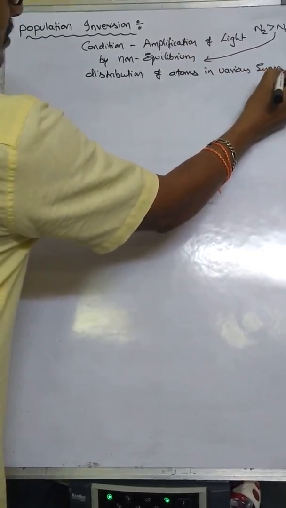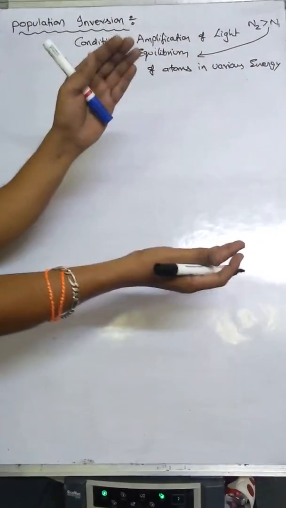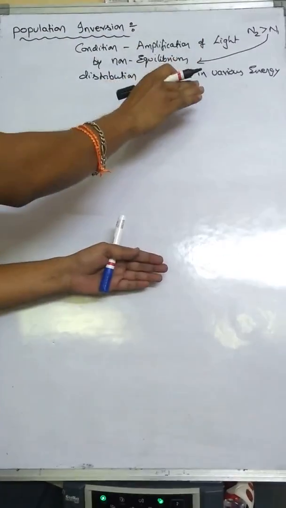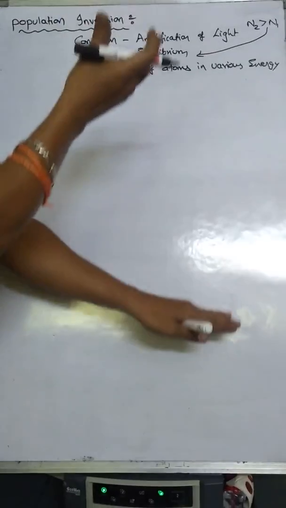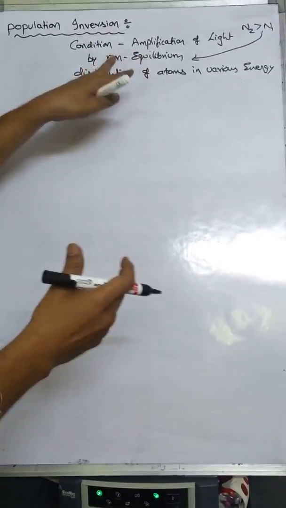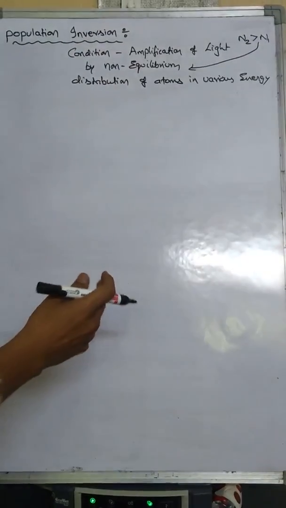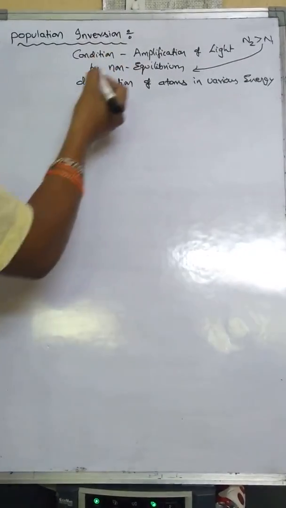If the atoms are inverted, making the number of higher energy level atoms more than lower energy level atoms, it is a non-equilibrium distribution of atoms in various energy levels.